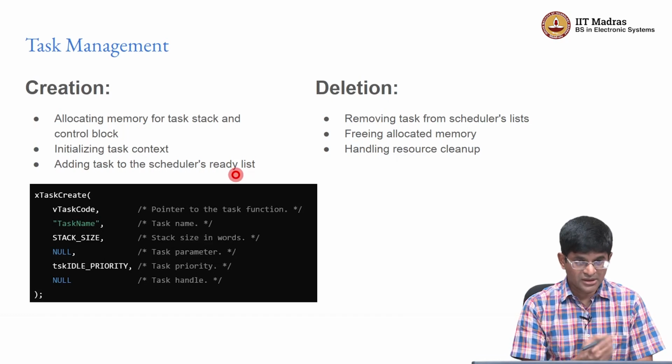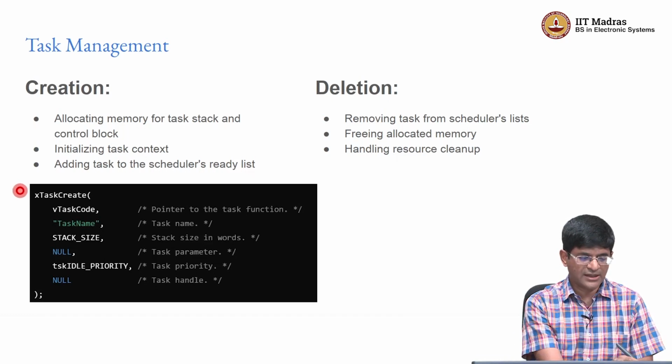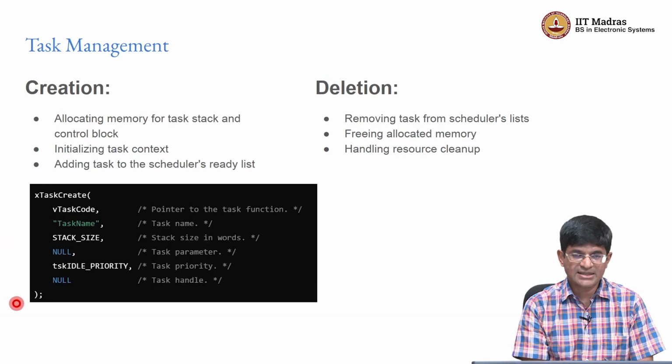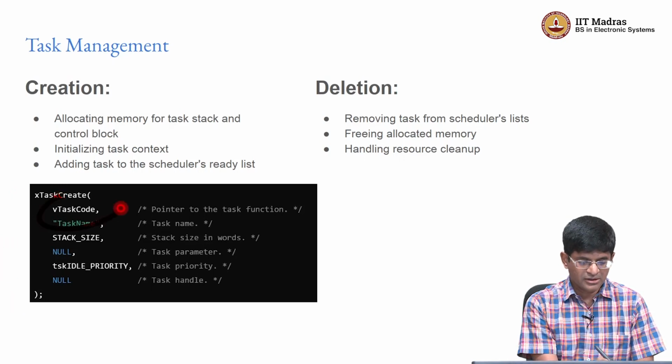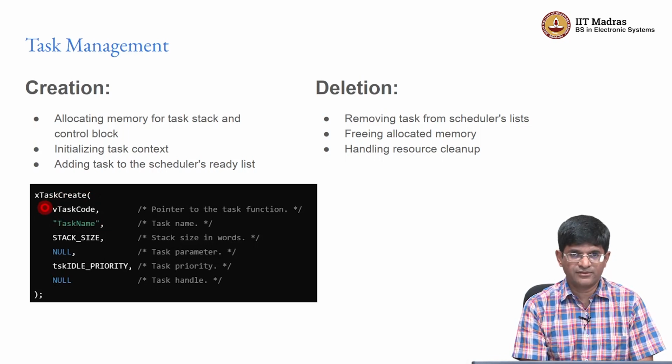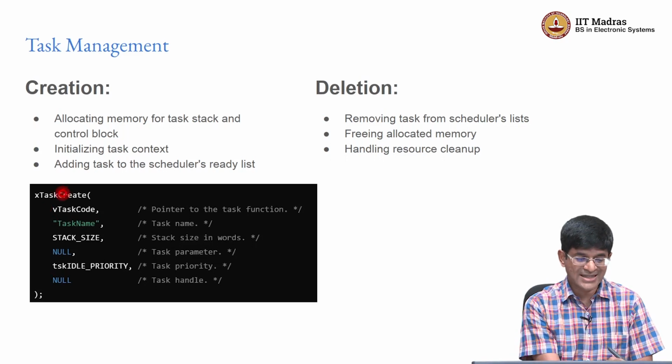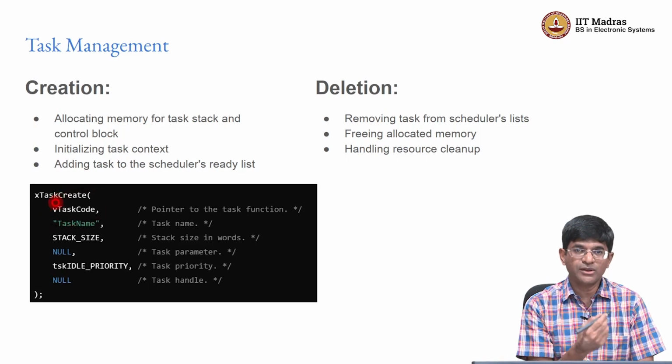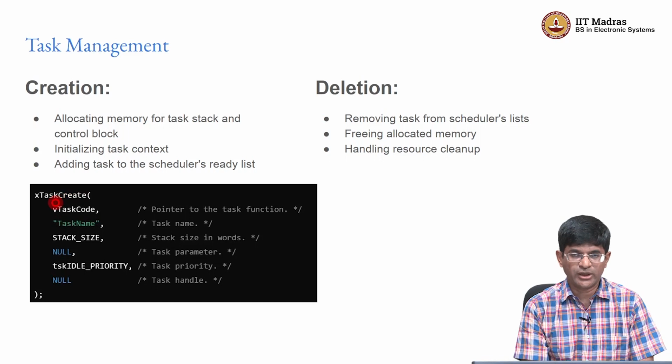In the context of FreeRTOS, that function call is usually xTaskCreate. The first argument to that is a pointer to the task function itself, which says this is where the function has been defined. This is actually a pointer to a function, and in C you can have pointers to functions, right?